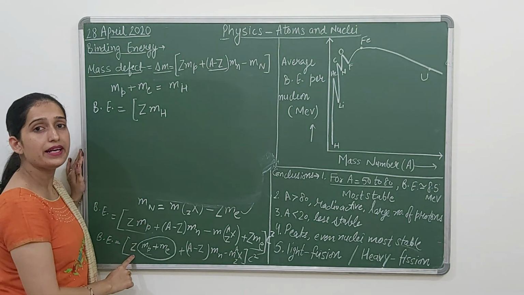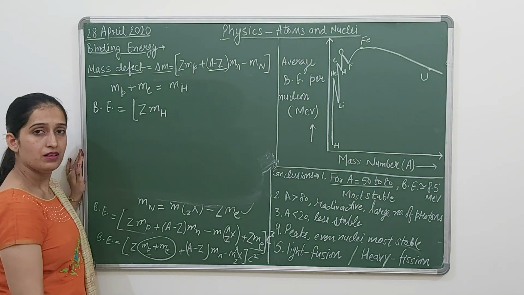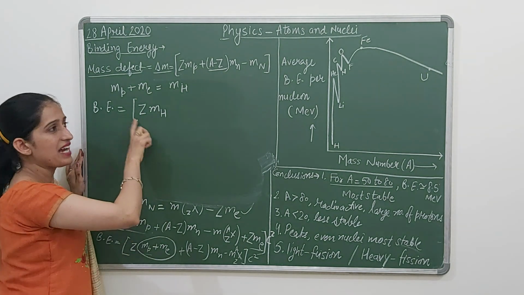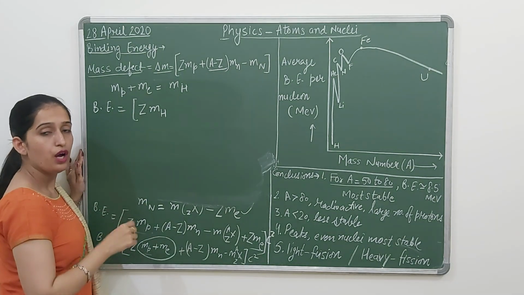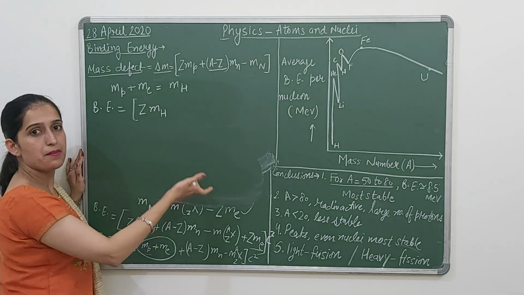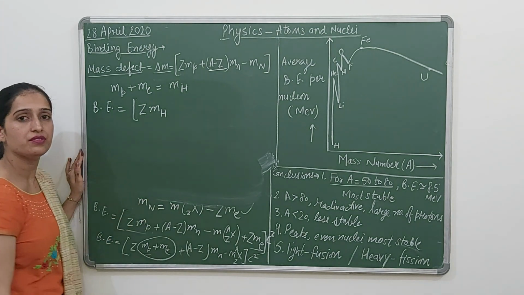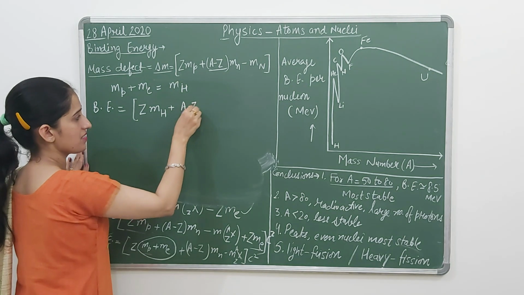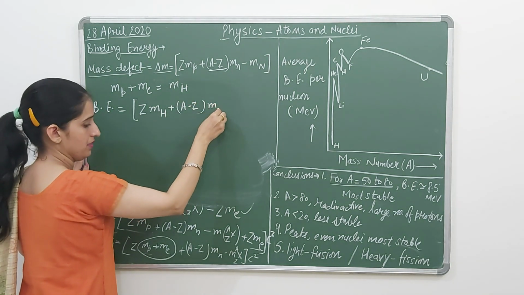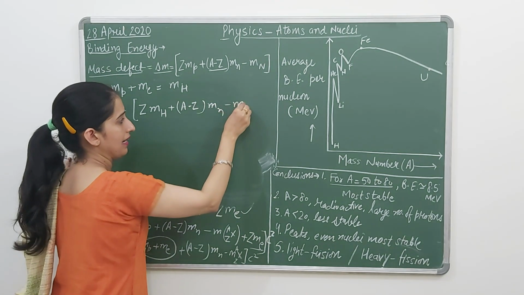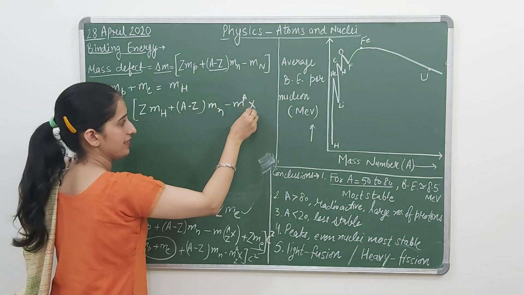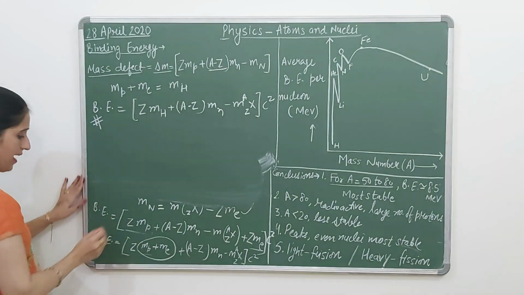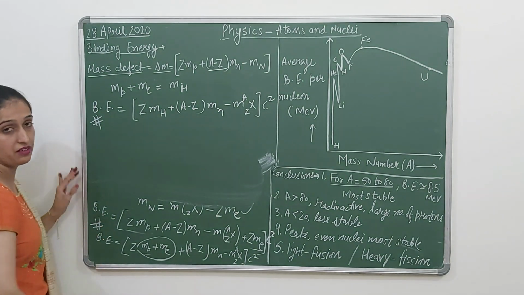Suppose we need to calculate for carbon. So I am going to replace Z by 6, six times the mass of hydrogen. For oxygen, eight times the mass of hydrogen, plus A minus Z Mn minus M(X,A,Z), times C square. We can use this equation as well as we can use that equation.